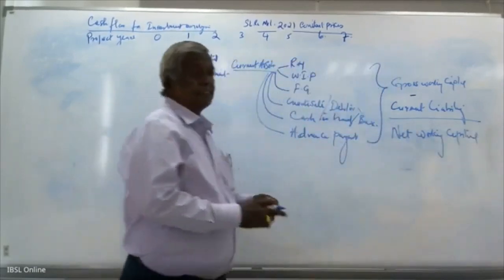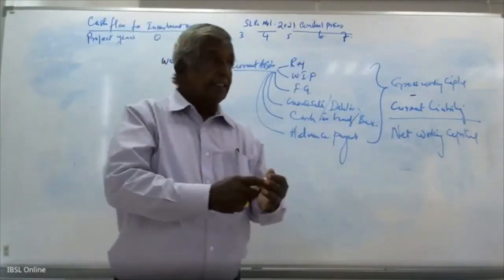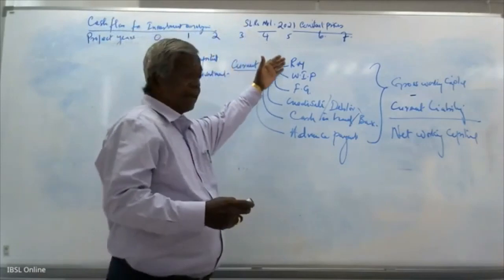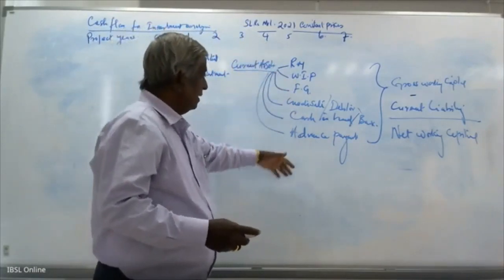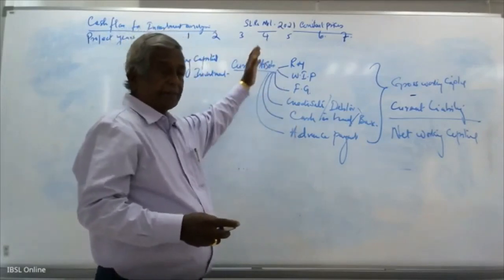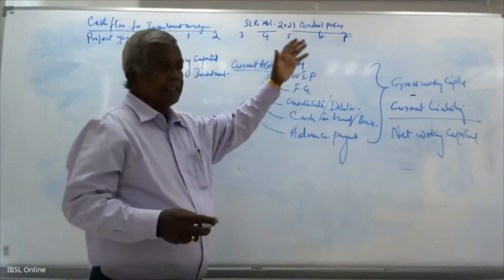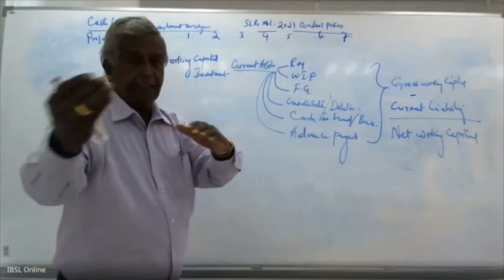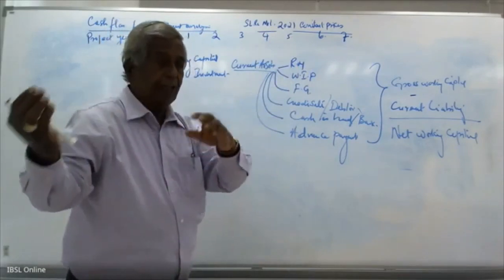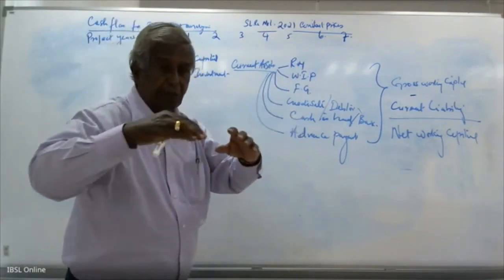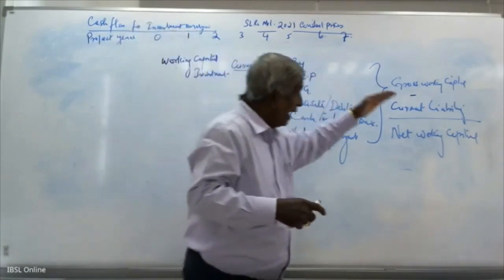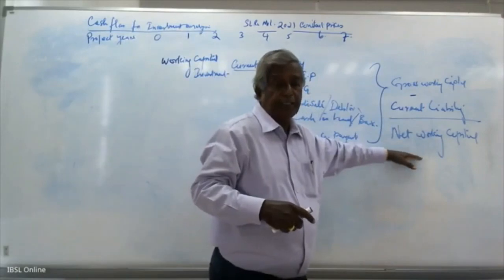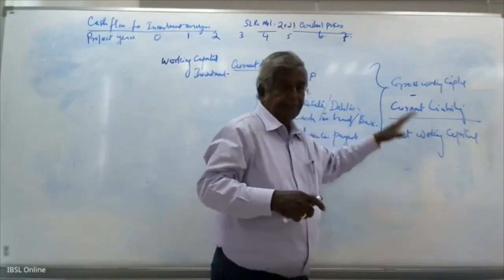So there are two terms. One is gross working capital, that is the total cash tied up in current assets. If there is any current liability by way of supplier's credit, you reduce that, then you get your actual working capital requirement, the net working capital.